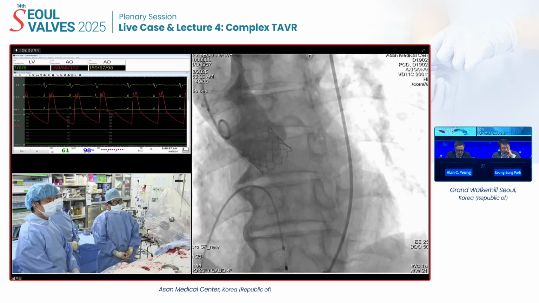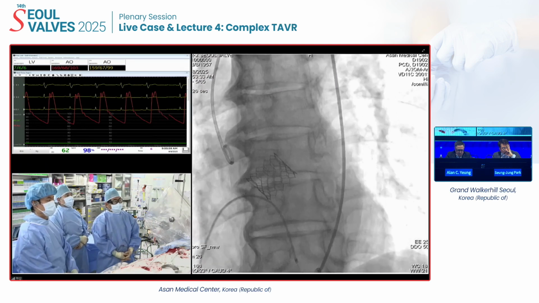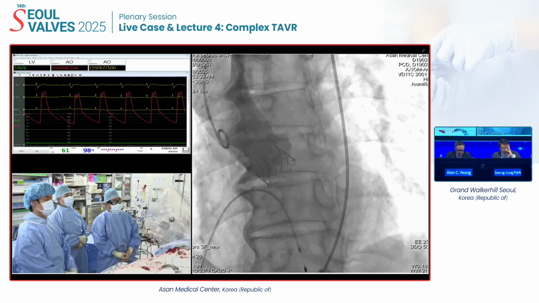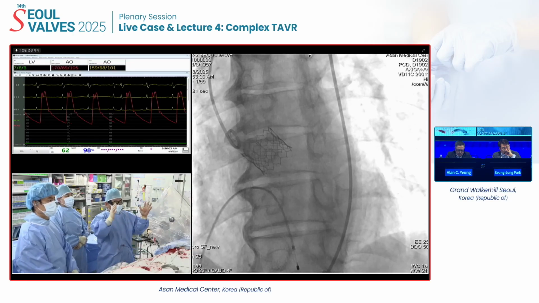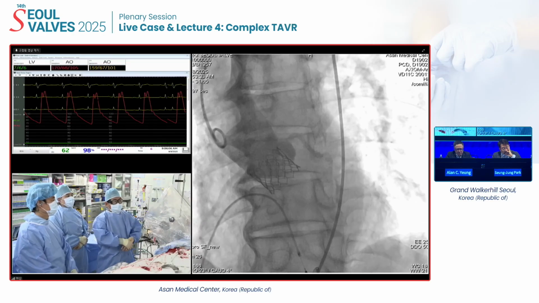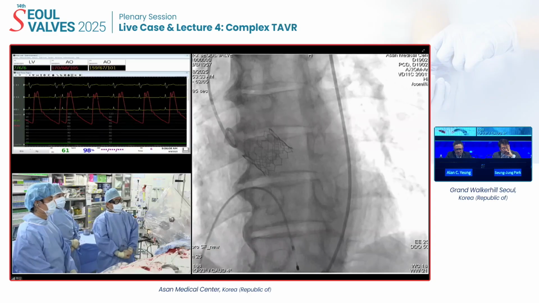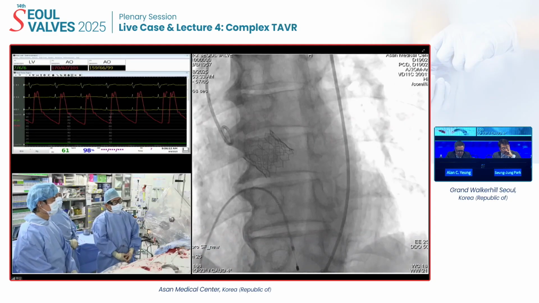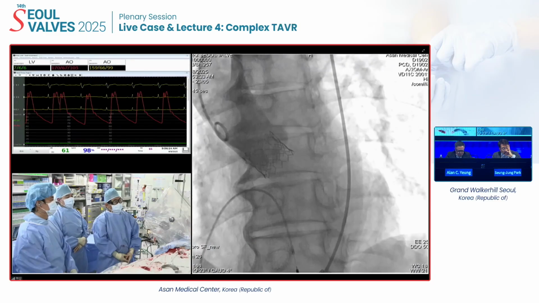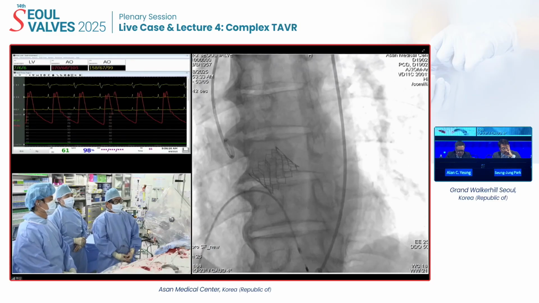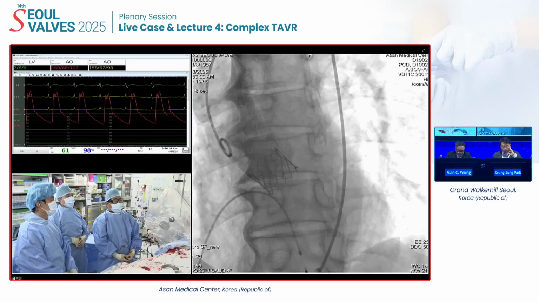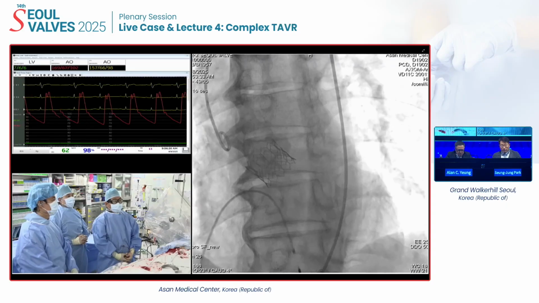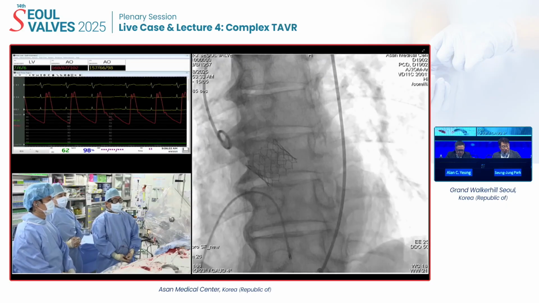Yeah, someone suggests a high position to cover the whole leaflet in case of bicuspid. But I don't treat bicuspid too differently from tricuspid anatomy. A similar implantation depth would be good even for bicuspid anatomy, I think.